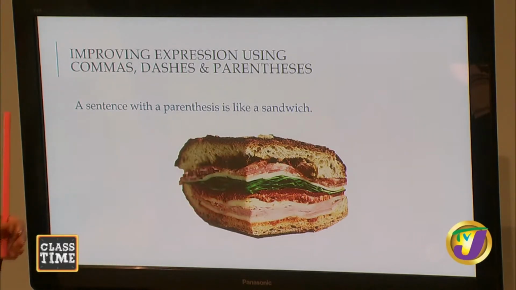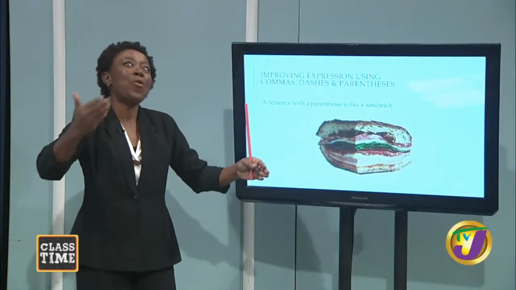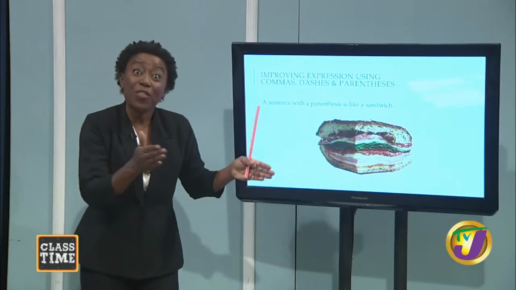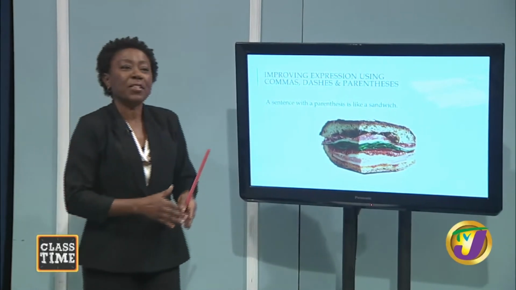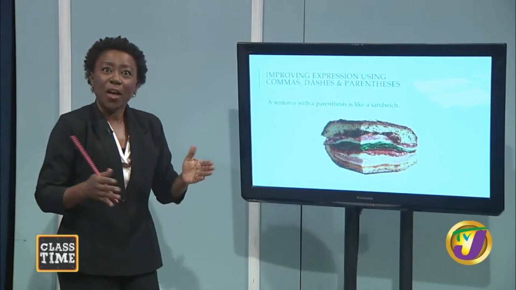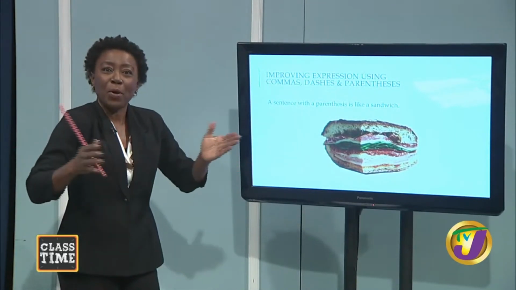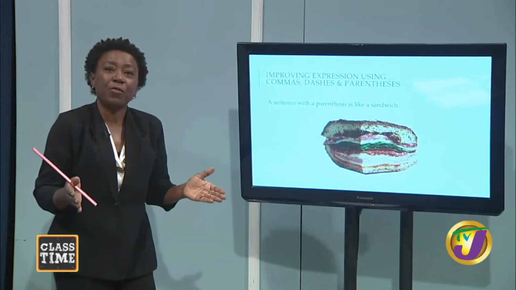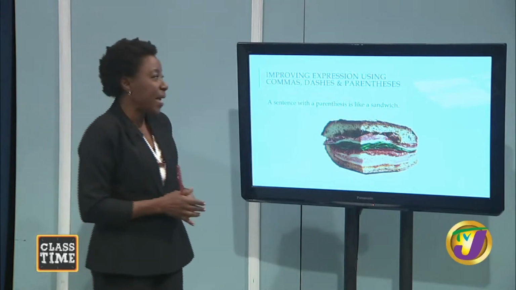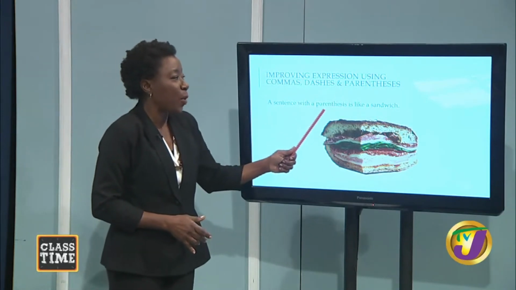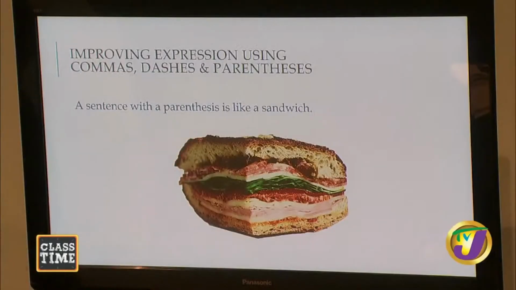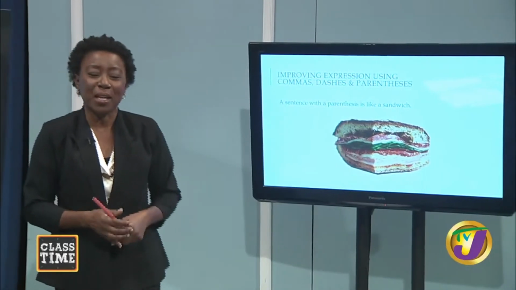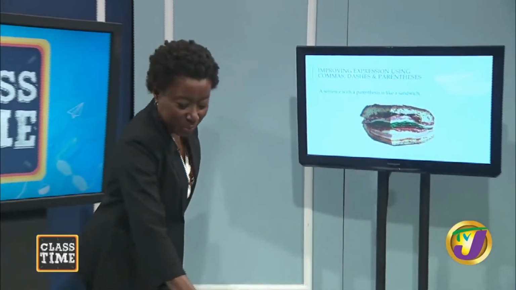So that is saying that you could have more than one additional thought in a sentence, in addition to the main thought. And your sentence becomes complex or compound complex and more interesting to read, especially if you're doing story writing. All right then? A sentence with a parenthesis is like a sandwich. It's like a bun and you add cheese. You enhance your expression. You enhance the sentence.